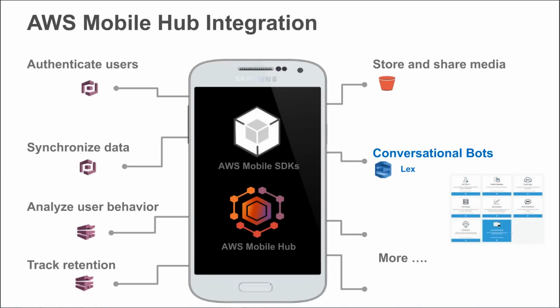So there is deep integration with Amazon Cognito, and you can set up your user pools and do authentication from your mobile clients. On the right side, you see a quick screen grab of how the console looks and the card that says conversational bots. Once you click on it, you're able to go in and quickly configure your mobile client.